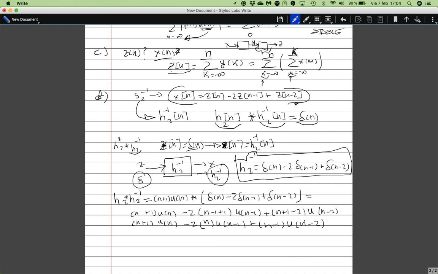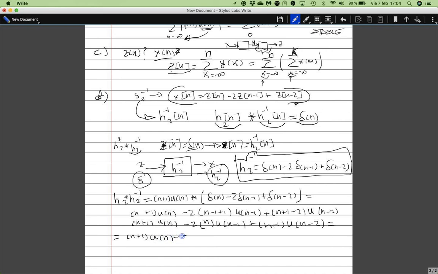Okay? And here we play a trick to further simplify that. As we have to demonstrate that this is the delta, we try to put some deltas in this expression. How do we do that? Very easily. This is a trick that you will learn forever. The first term, we leave as it is, (n plus 1) u[n].